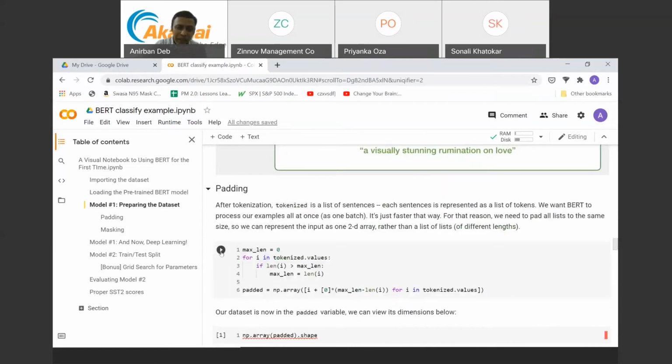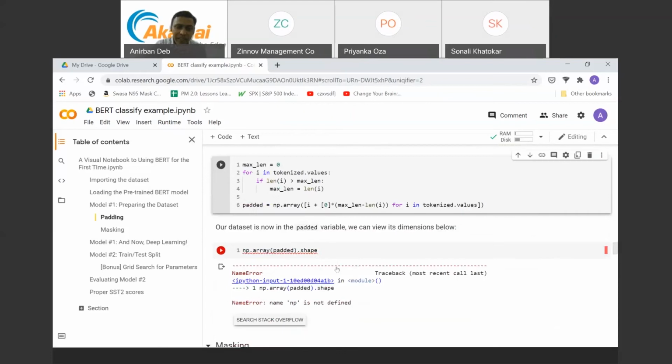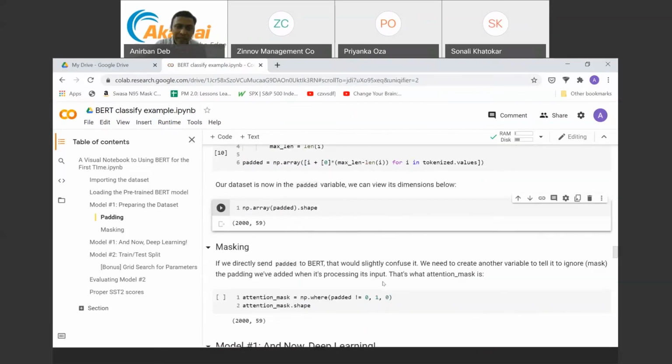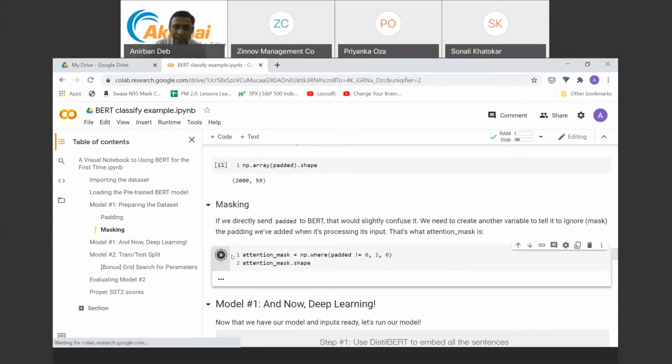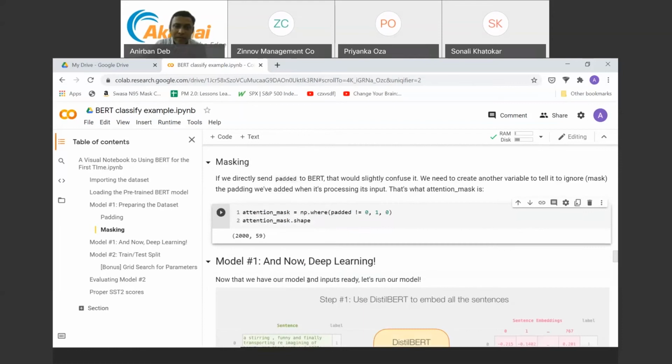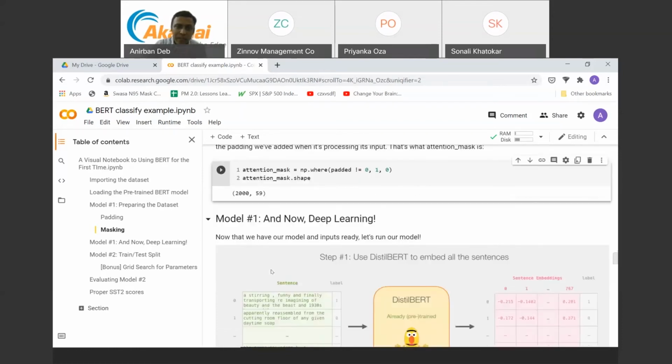So then the padding, then the masking piece. I talked about this, right? The padding added to the sentences has to be ignored, since the sentence is already finished. So you have to tell BERT that.